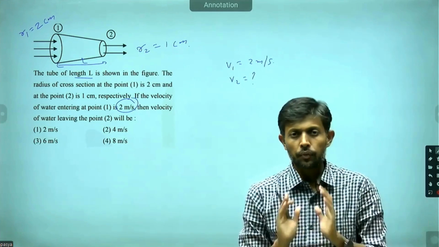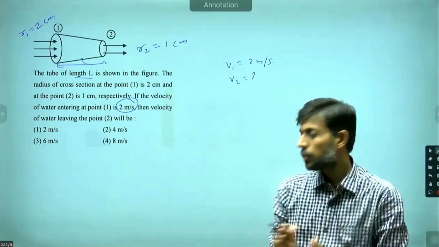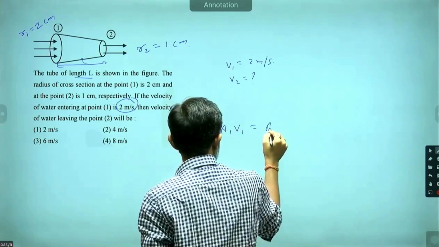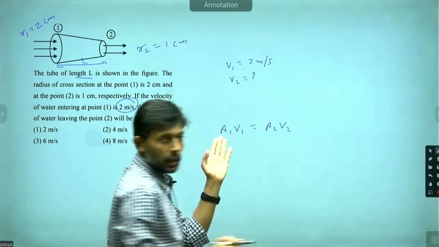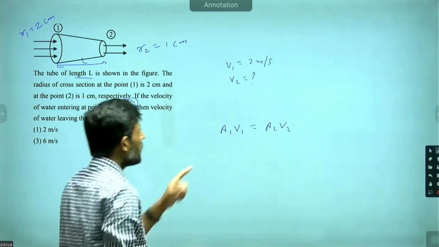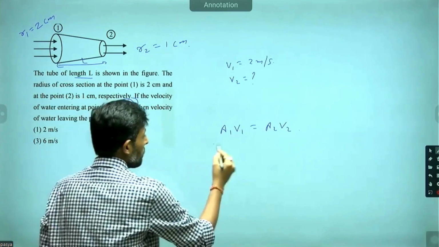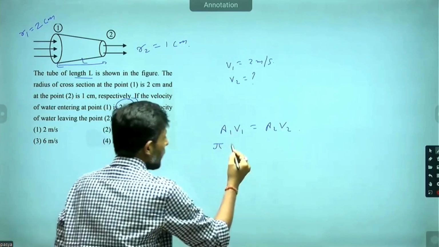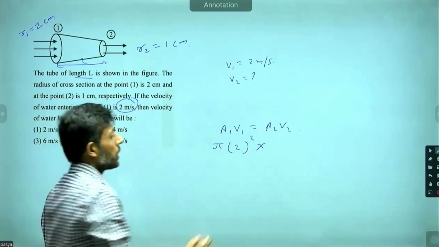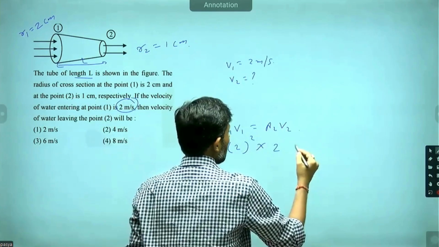Pretty simple. Now we have to just apply equation of continuity directly, and that is A1 V1 equals A2 V2. Remember, A is area, V is velocity. Area for the first case, it's going to be pi r square. Let's write 2 centimeters whole square. V1, we already know it's 2 meters per second.